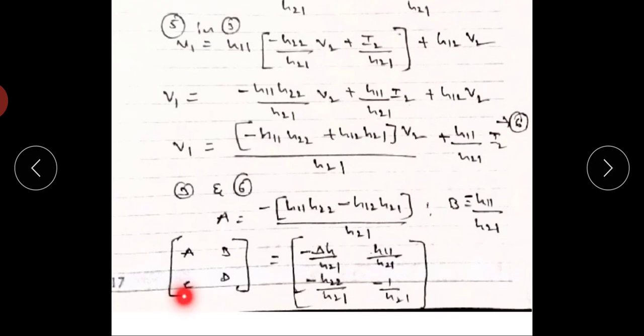So finally, the ABCD parameter matrix in terms of H parameters: minus del H by H21, minus H11 by H21, minus H22 by H21, minus 1 by H21. So this is the ABCD parameter matrix in terms of H parameters. So by using these formulas, if for any network we know the Z parameters or Y parameters or H parameters, by using those parameters we can determine the ABCD parameters.